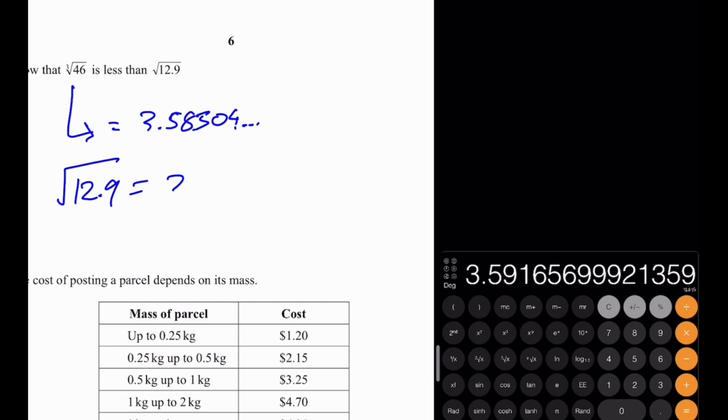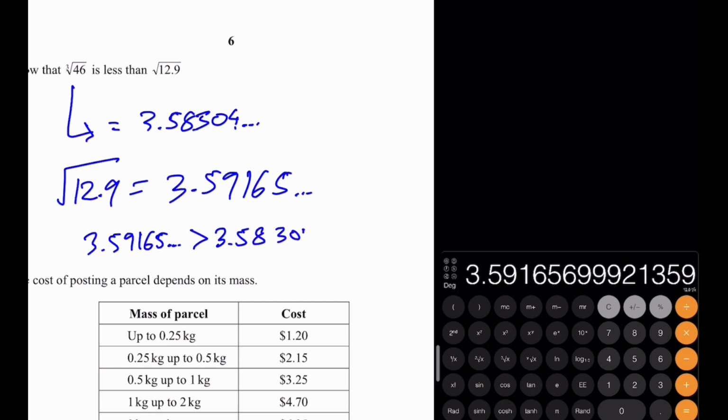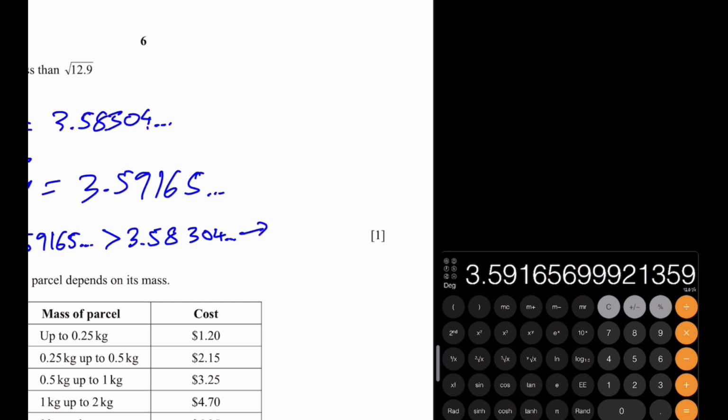That'll be 3.59165... So 3.59165 is greater than 3.58304, right? That means that cube root of 46 is less than square root of 12.9. And that's proven. That's the answer.